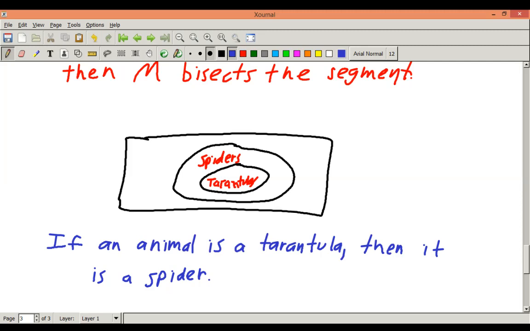So if an animal, or if anything, is in the tarantula circle, then it's also in the spider circle. So that's a way to show a conditional statement in the form of a diagram.